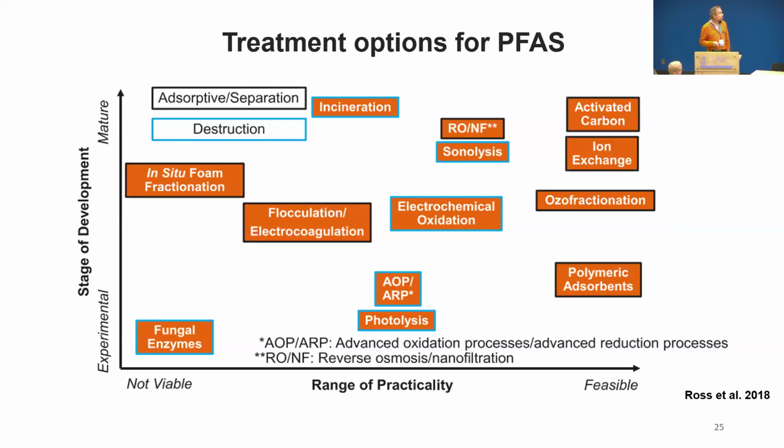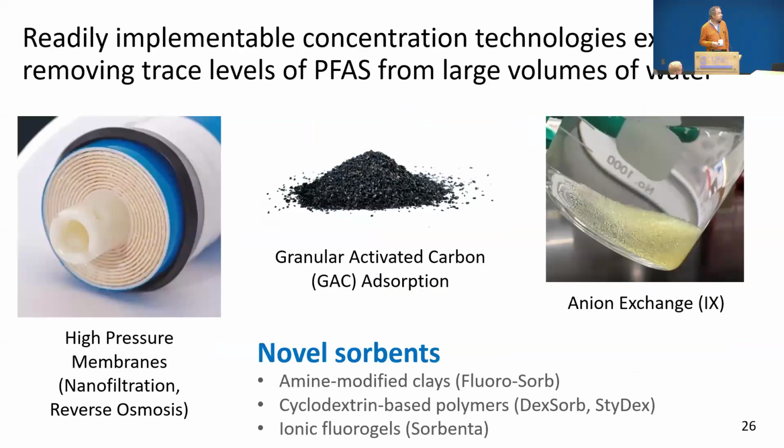Of the processes that are practical for water treatment, they are primarily these concentration technologies. We have technologies like high pressure membranes, so reverse osmosis or nanofiltration, granular activated carbon adsorption, and anion exchange resin beads. All of these can remove PFAS from water, but they don't destroy PFAS.